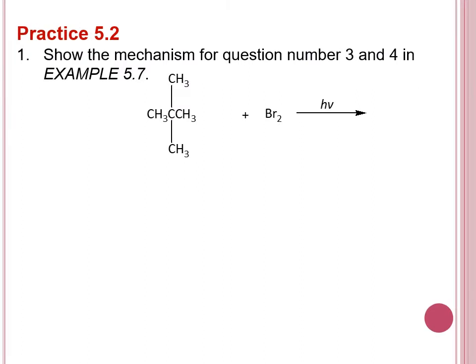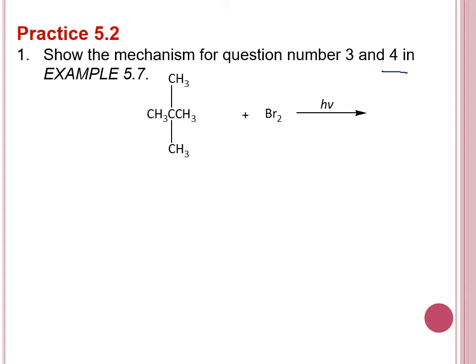Now the second question is for us to do question number 4 in example 5.7. The compound is this one, where we have a quaternary carbon. The thing is, the quaternary carbon is already filled with 4 methyl groups attached to it.